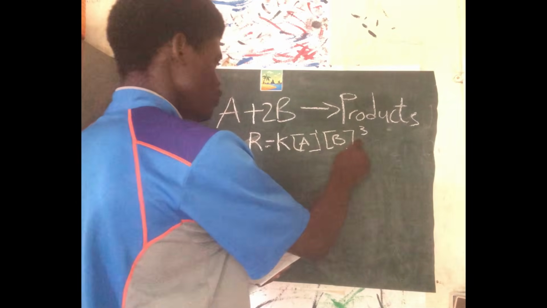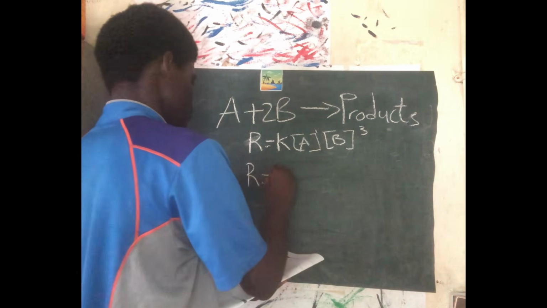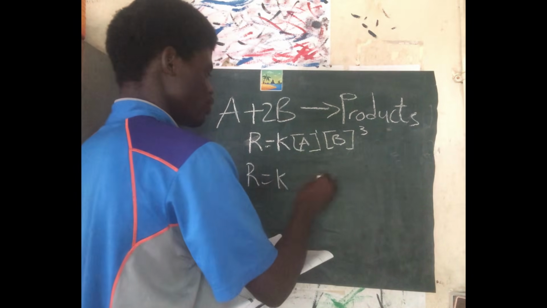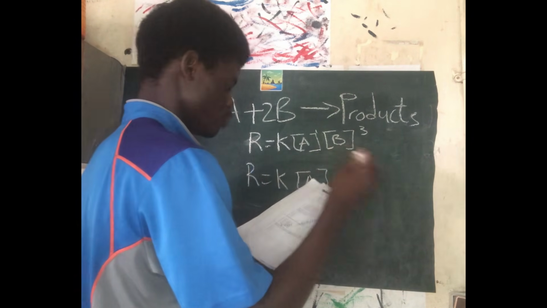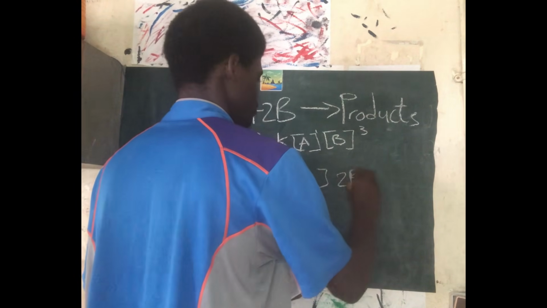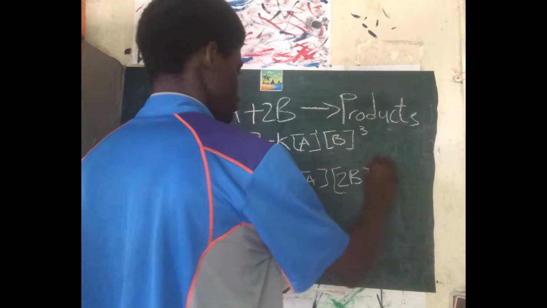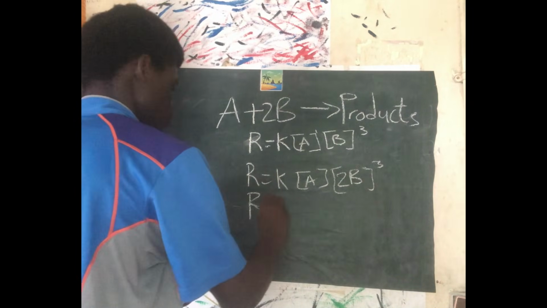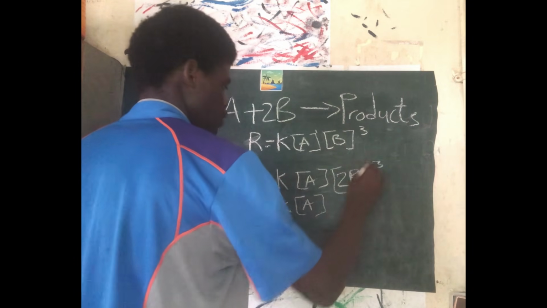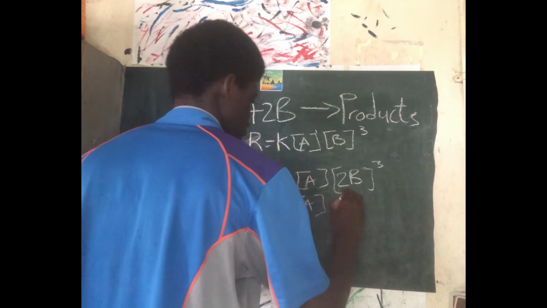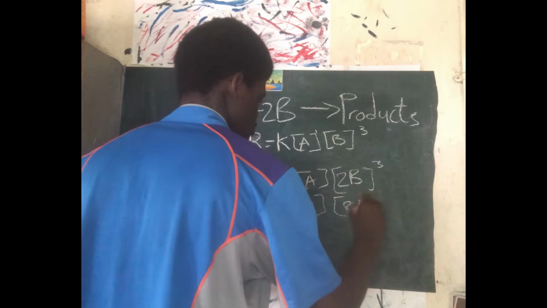So that of B is doubled, that's R is equal to k. They said that of A is unchanged, that means just normal A, we are going to leave it like that. But that of B is doubled, that's 2B raised to power 3. Now R is equal to k[A], then 2 raised to power 3 is 8, that's 8B.